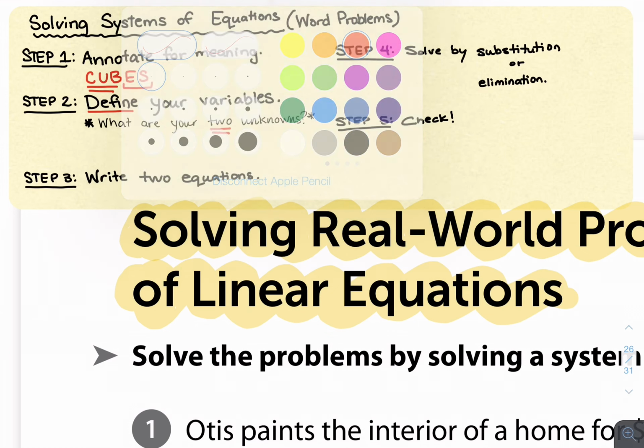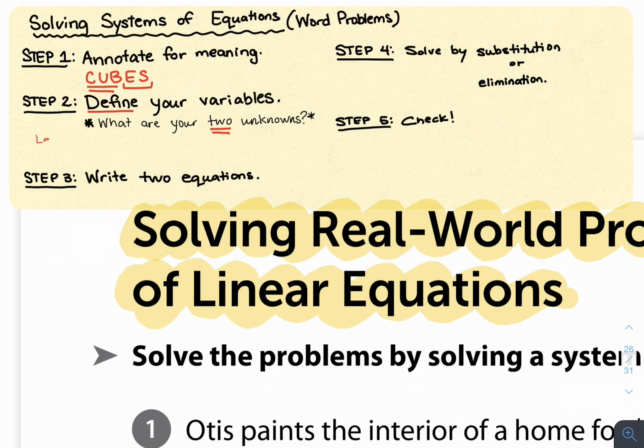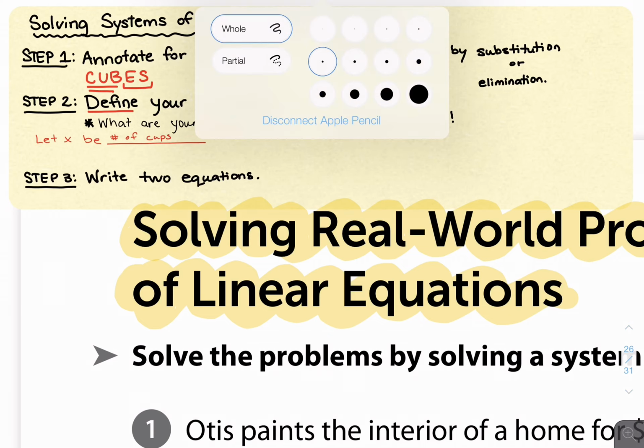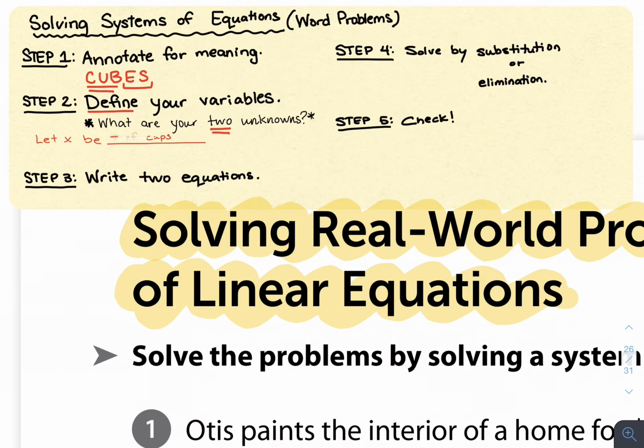So you would write those definitions by saying, let X be this, right? So X can be the number of cups depending on the problem. It can be a lot of different things, right? So you want to say, let X be this, and then you're going to want to say, let Y be, and then whatever Y is going to be defined as.